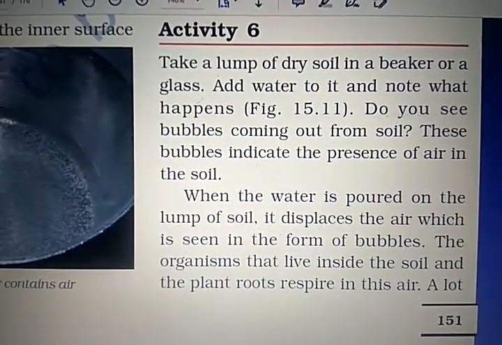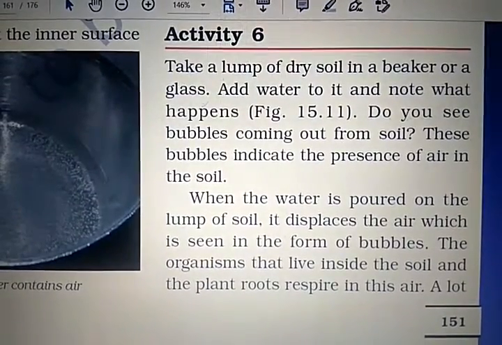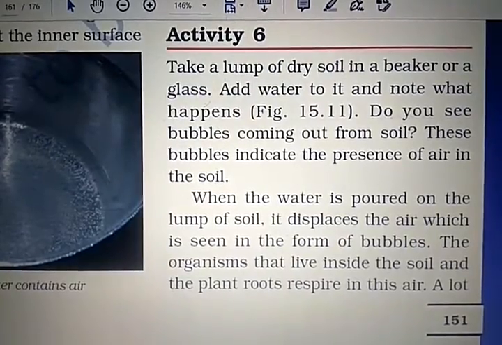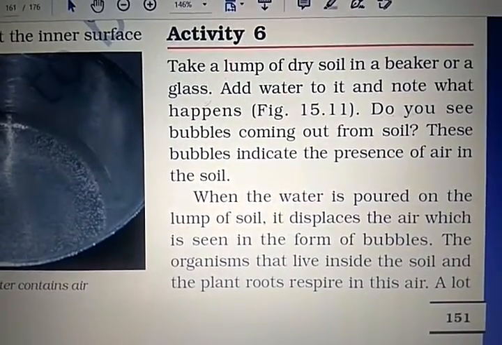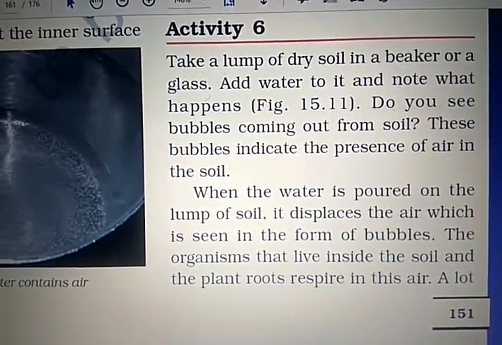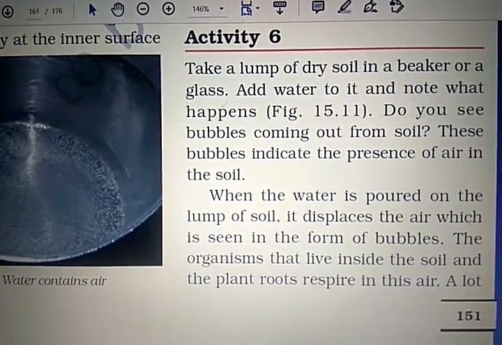The aquatic animals get oxygen this way, and for oxygen they just come up to the surface of the water and immediately go back inside. So in this way we can say that oxygen is available in the water.